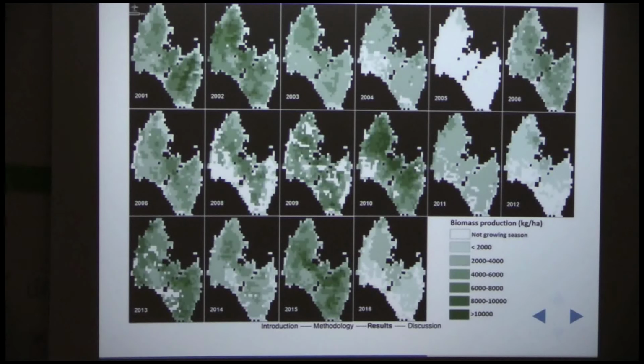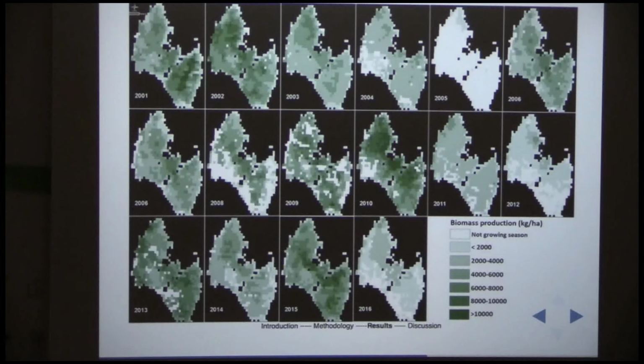For example, we have years like 2005 where we almost didn't have any production of biomass, only in the northern areas, and the values are very low, around 200 kilos per hectare, and years like 2010 where the production increased to more than 10,000 kilos.